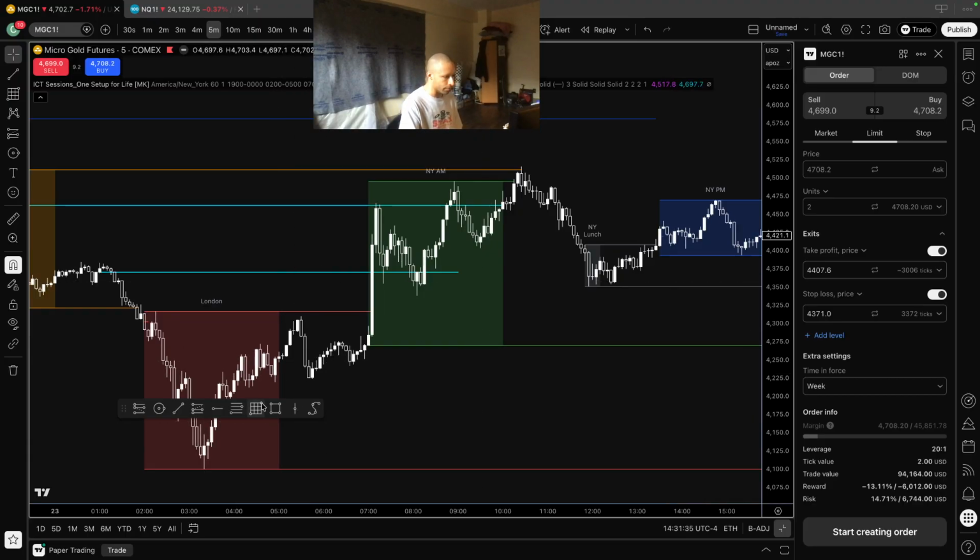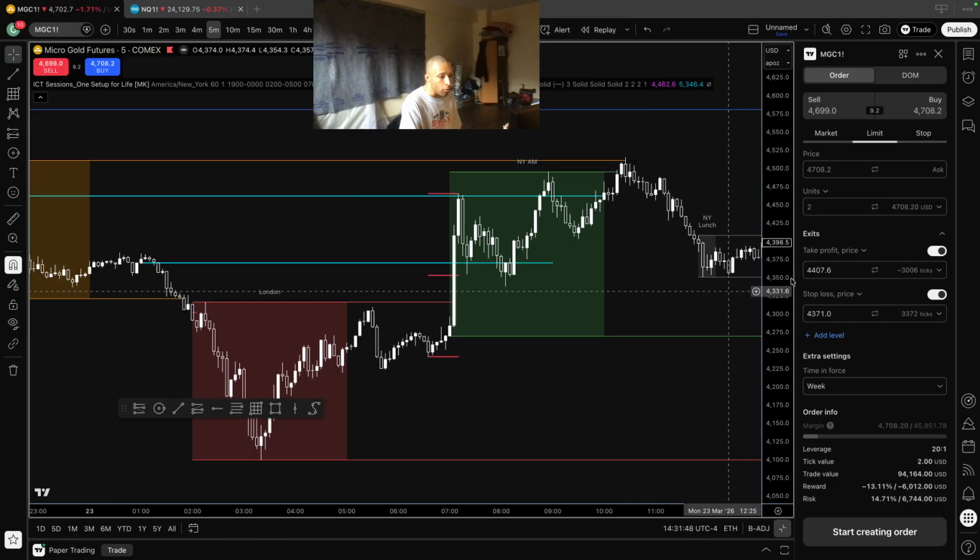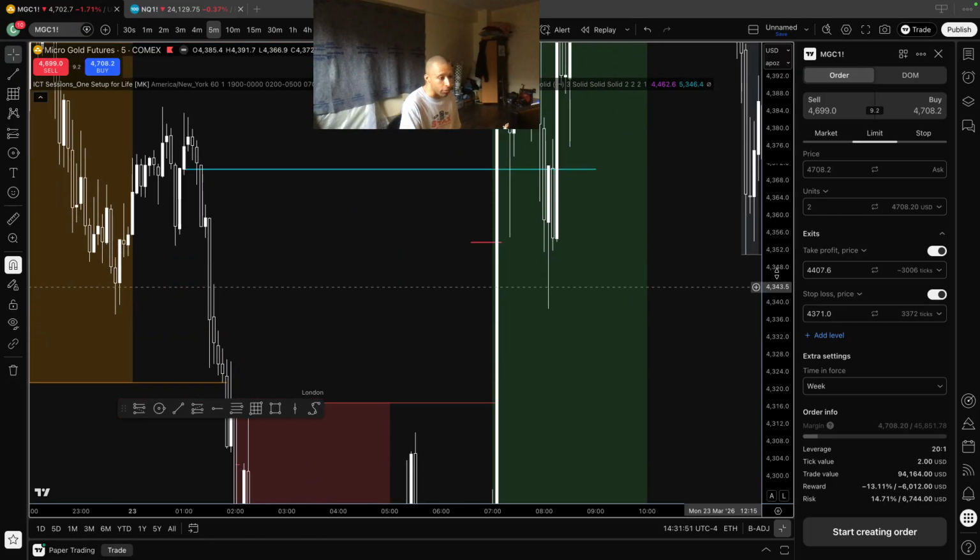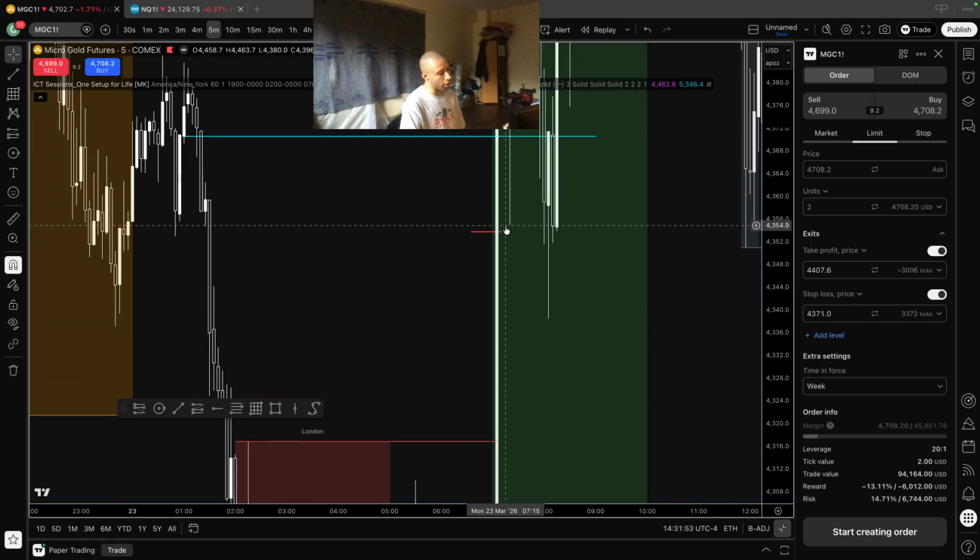Alright, so look. Pull back into equilibrium, and notice which one actually pulled into equilibrium. Notice this one came closer now, but it didn't hit equilibrium.